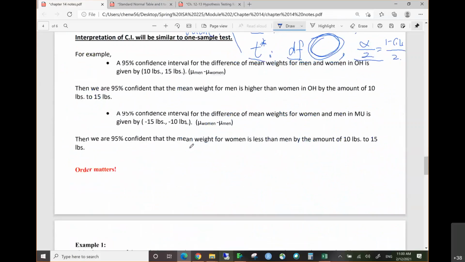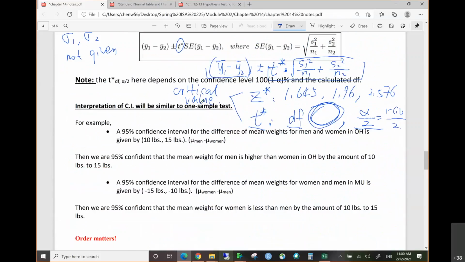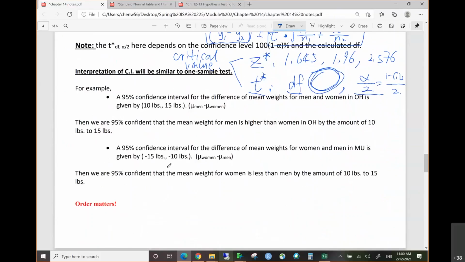All right, now let's come back. Once we have our confidence interval, the last job for us is interpretation. We need to tell your manager, tell your customer, what this confidence interval means. Here it will be a little bit more detailed. For example, a 95% confidence interval for the difference of the mean weights for men and women in Ohio is given by 10 to 15.